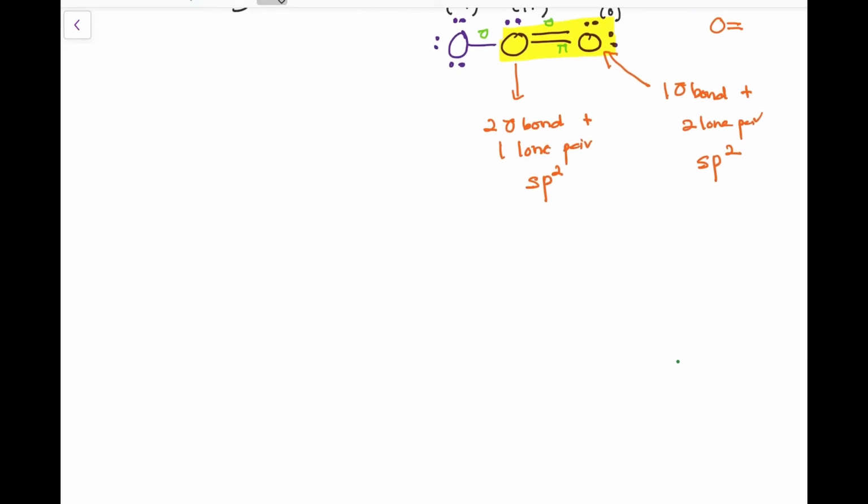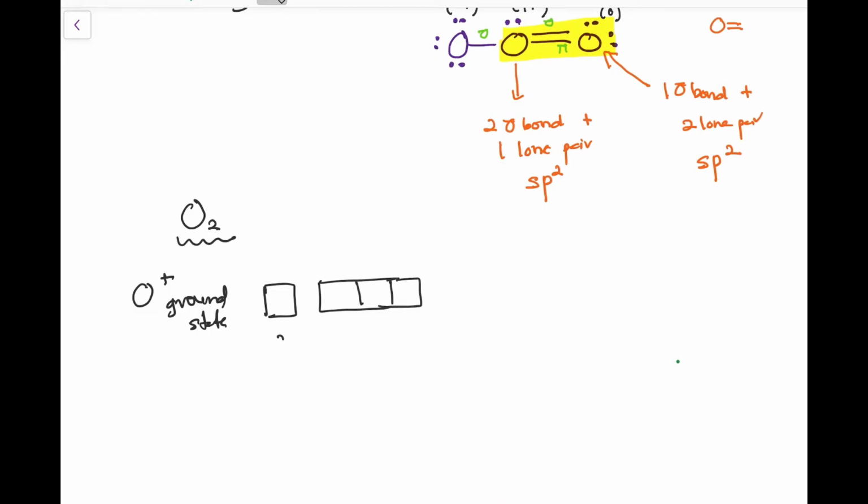Now for oxygen number 2, I write O plus ground state. We know that oxygen has 6 valence electrons. When it becomes a positive ion, it only has 5 valence electrons. This is 2s. The central atom has 1 lone pair, so we need to keep the lone pair.